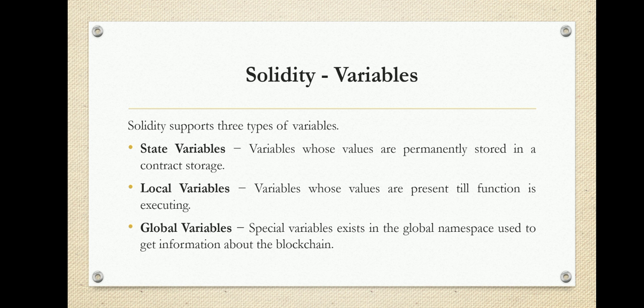Global variables are special variables in Solidity that exist in the global namespace and can be used to get information about the blockchain, like the block number, the current hash, the current difficulty target, and the nonce value. We can get the information about the blockchain by using global variables.